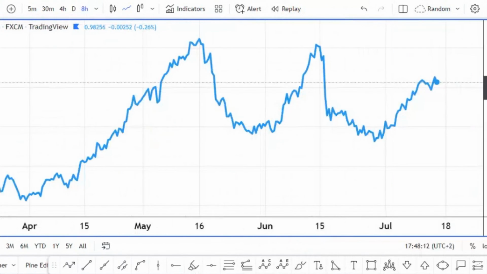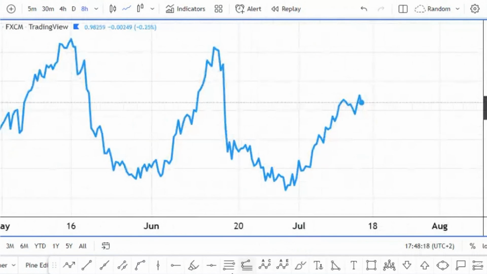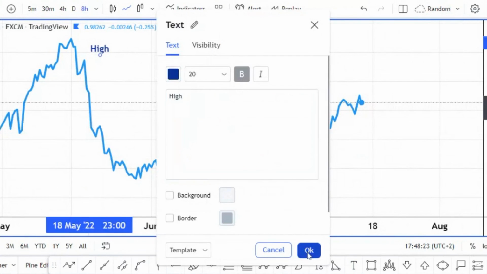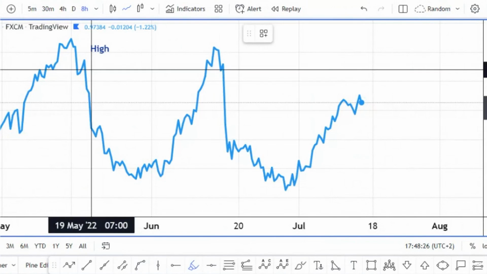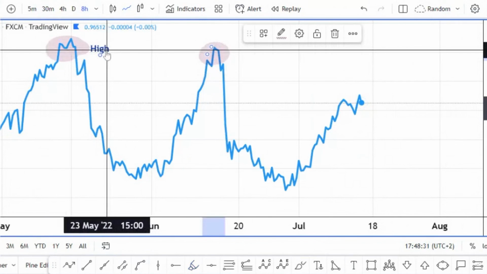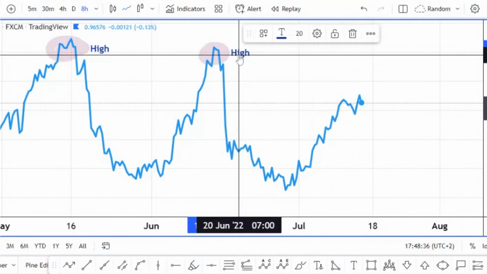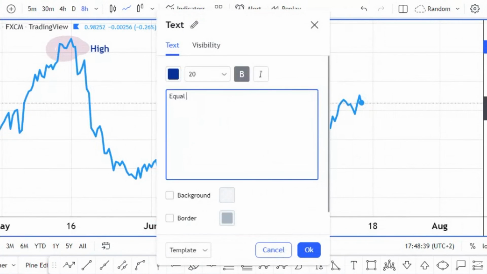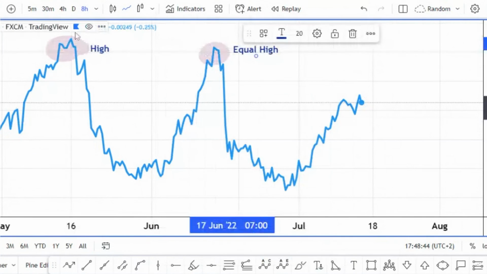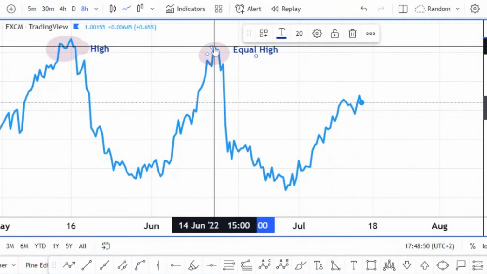This is pretty much a perfect sideways range because basically, this is a high. This one here. Another high. It's an equal high. We roughly have another high at the same price as the previous one.